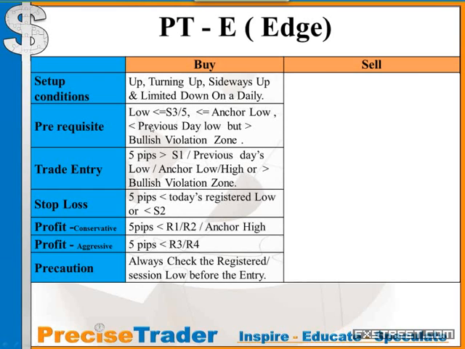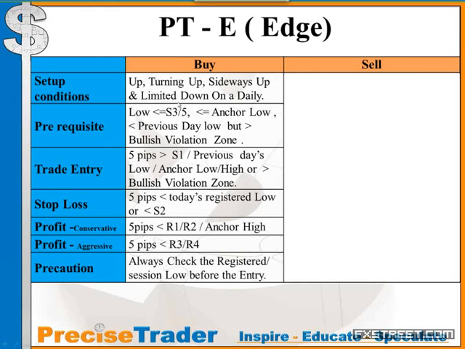That means once the price starts to fall below S3, S4 or even S5, this is the strategy we call a PTH or PTE. So here the low is less than or equal to anchor low, and the low can also be less than previous day low, but greater than bullish violation zone. This is the only condition you need to check.